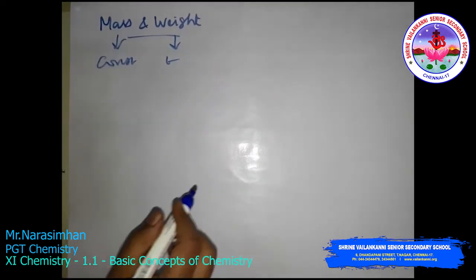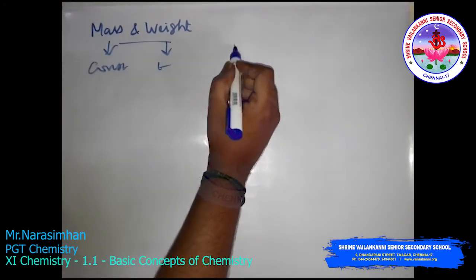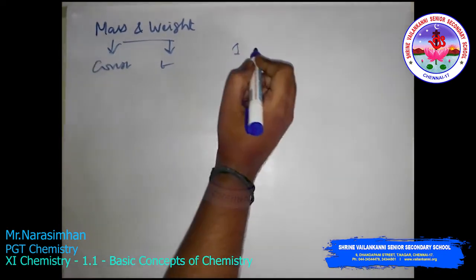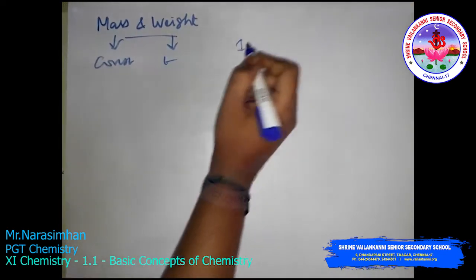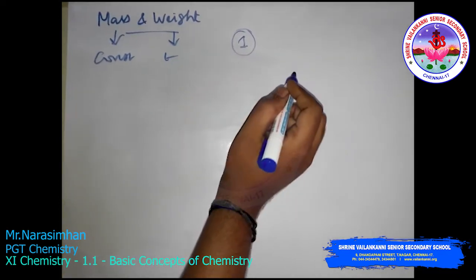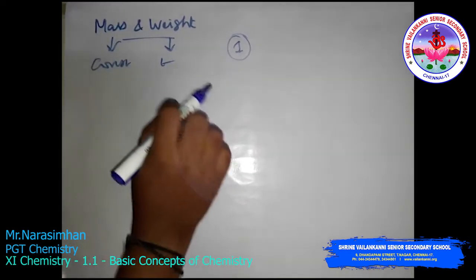For example, suppose you take 1 kilogram of a substance on the earth's crust, or dip that object in water, the weight will vary. So when the place changes, the weight also changes. Similarly, if you take that 1 kilogram of substance into space, the weight also changes.